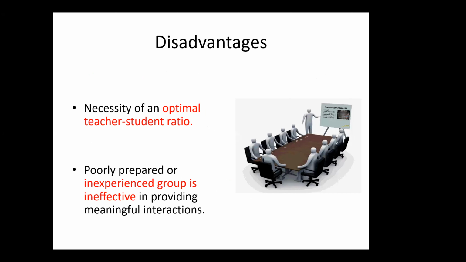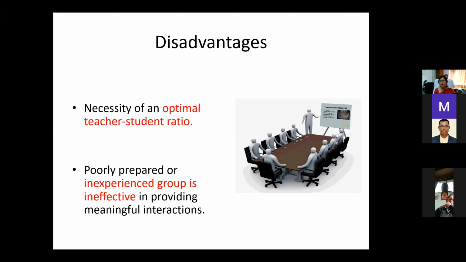However, there are certain disadvantages also. The first, as one of our colleagues has already told, is the necessity of an optimal student teacher ratio. Nowadays you have 250, we have 200, we have 250. If we think of small group teaching, it says 8 to 10 students, or maximum 10 to 12 students.